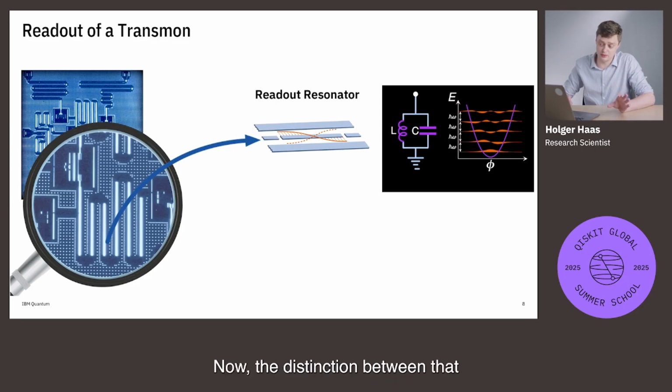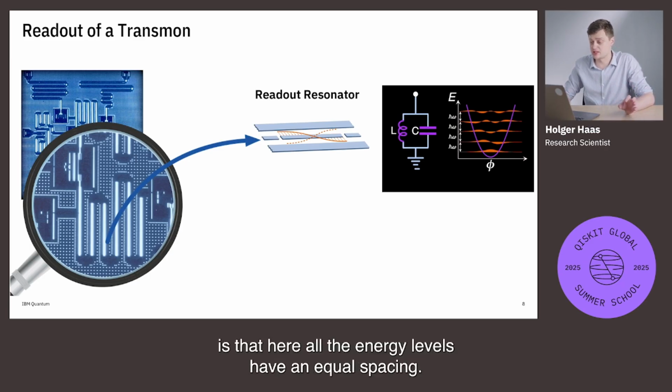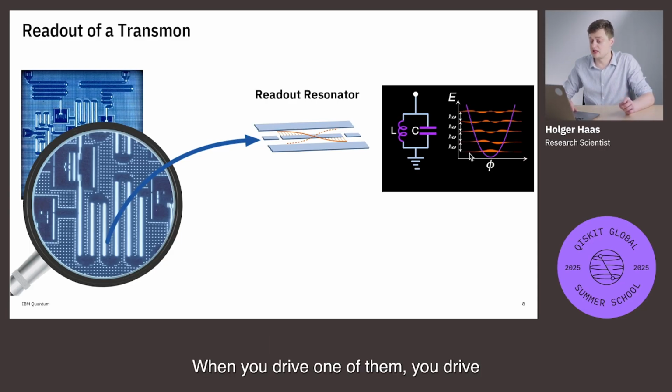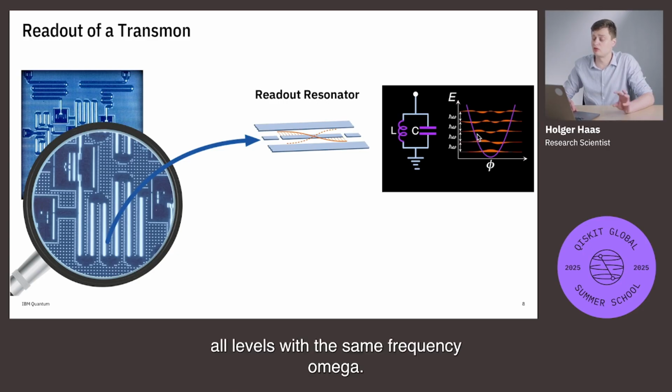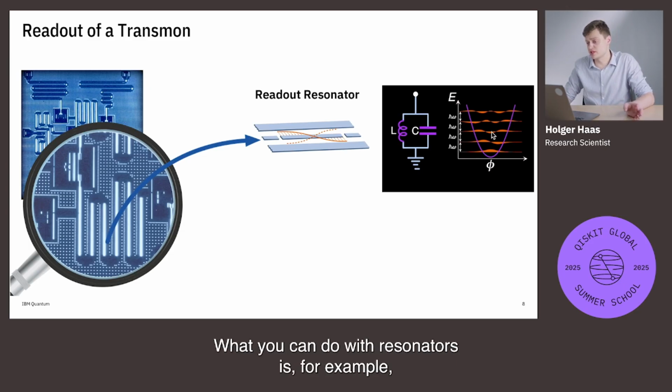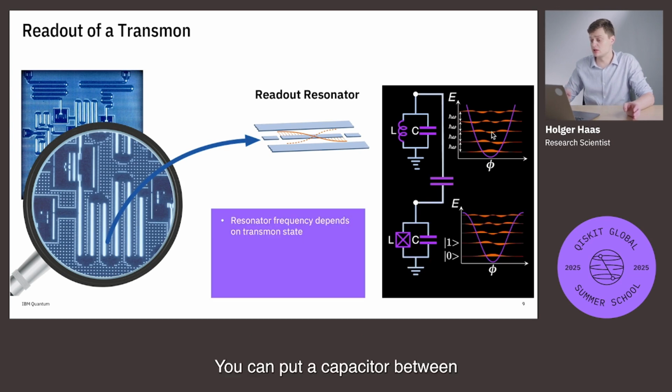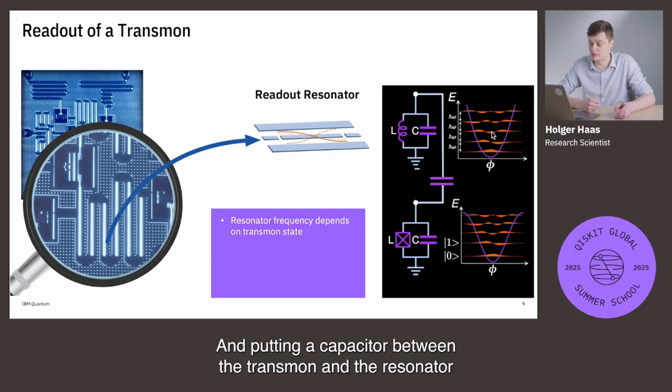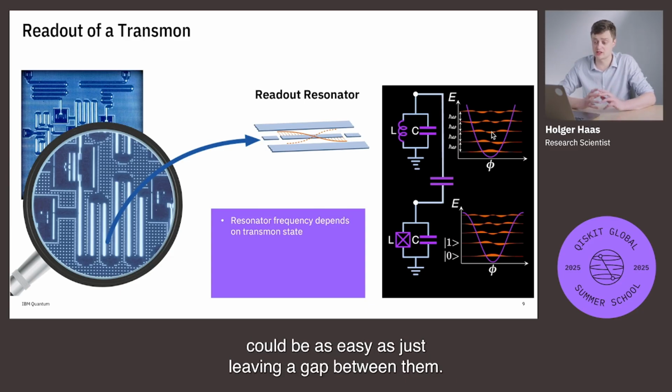Now, the distinction between that and the transmon qubit is that here all the energy levels have an equal spacing. When you drive one of them, you drive all levels with the same frequency omega. What you can do with resonators is, for example, couple them to your transmon qubit. You can put a capacitor between this resonator and the transmon, and that could be as easy as just leaving a gap between them.